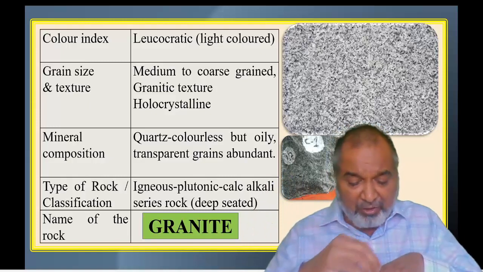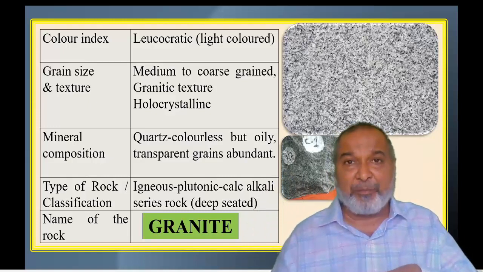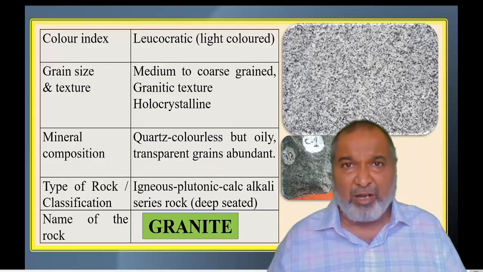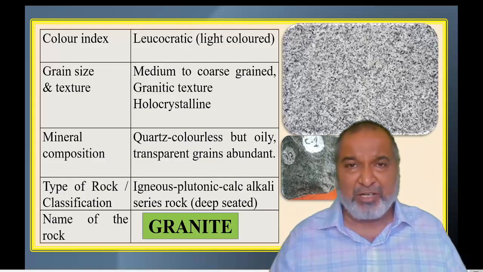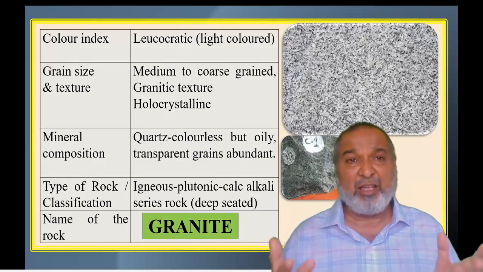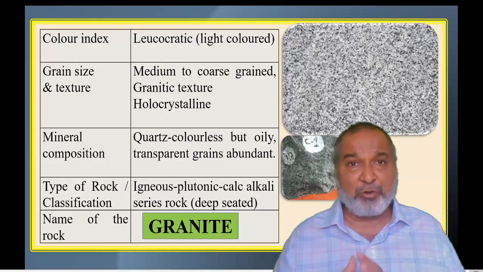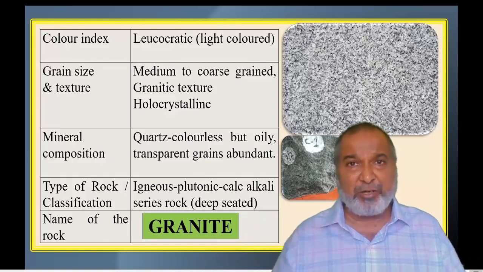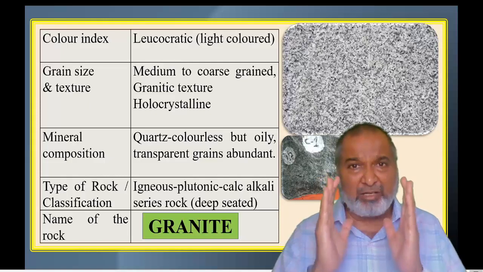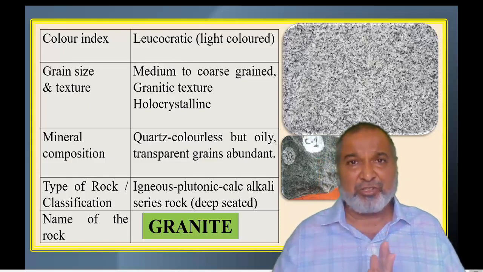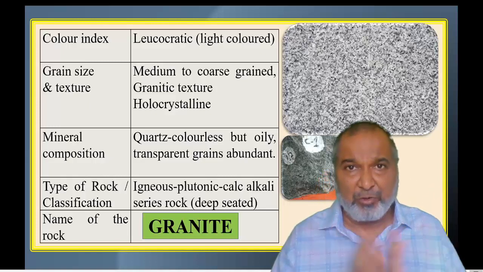Or sometimes you are going to see a flow type of structure, the flow or ropey structure. These structures are shown only by igneous rock, not by other rocks, whether sedimentary or metamorphic. Textures and structures are shown by the igneous rock.